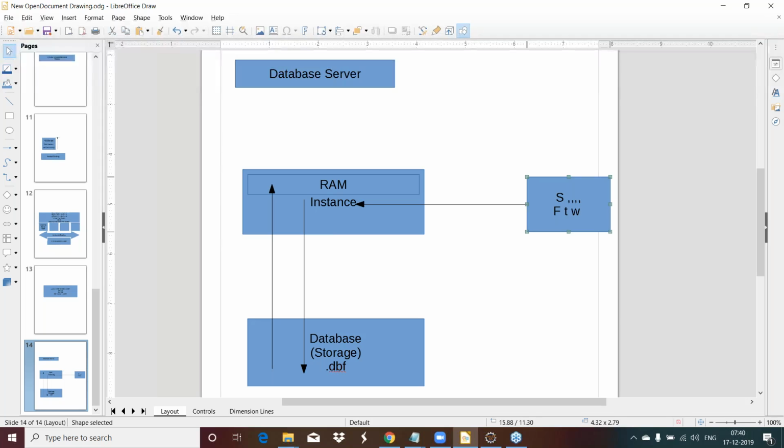So what is the problem in it? We are here to understand the problem in the existing system, right? What is the problem in this arrangement? Can you please look at the diagram carefully and tell me what could be the possible problem here?